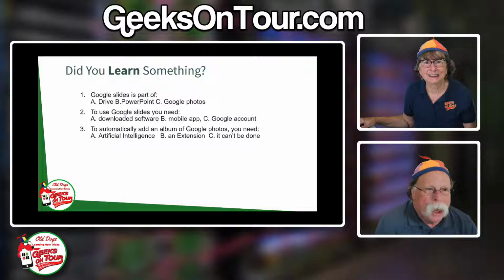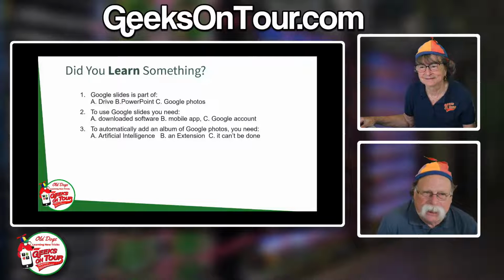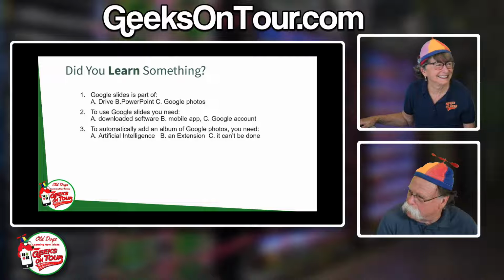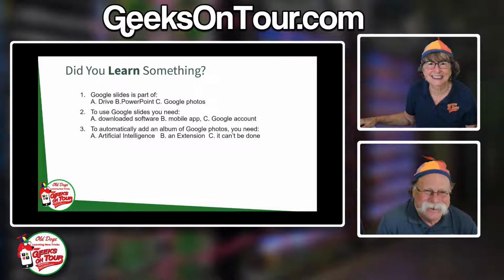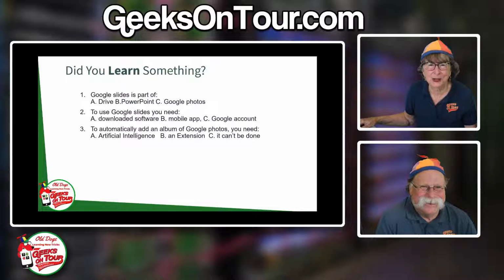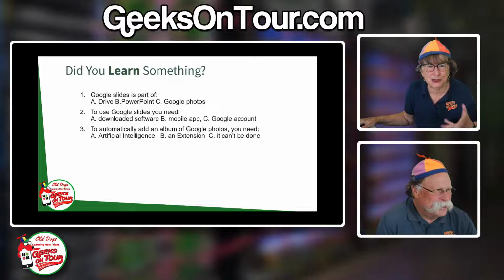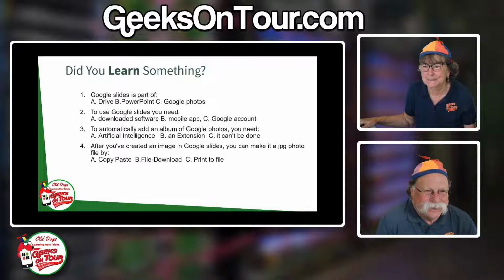That's important. To automatically add an album of Google Photos, you need A, artificial intelligence, B, an extension, or C, it can't be done? B, it's an extension, or also known as an add-on. Those terms are being used interchangeably. Great.